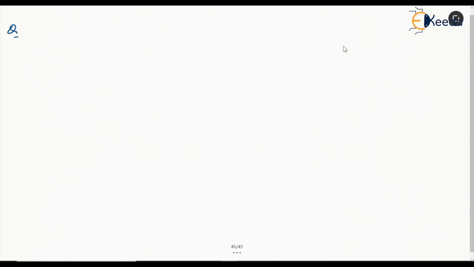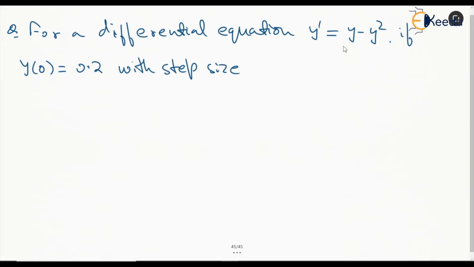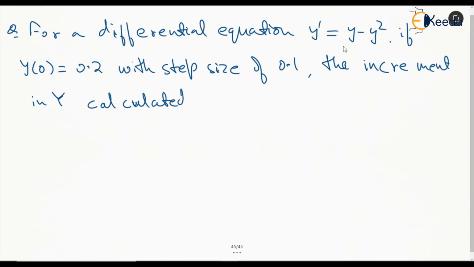So it says, for a differential equation given by, let's say, y dash equal to y minus y square, if y of 0 is 0.2 with step size of 0.1, the increment in y calculated using Runge-Kutta fourth order method.